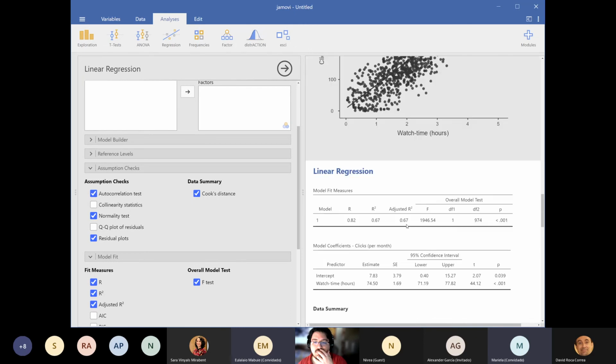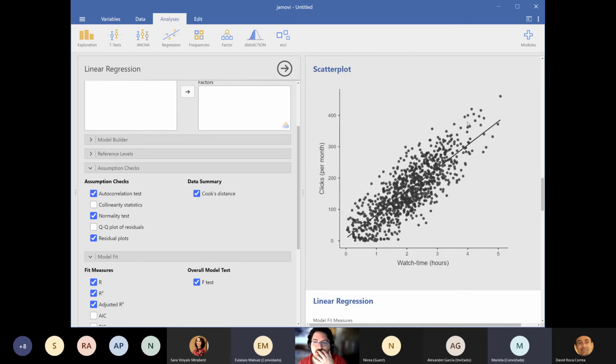You can imagine that if we had an absolute outlier in a month where the watch time was 3 but the clicks were 1,000, and we had a point over here at the top of the chart, that would definitely be something to look into, probably something to get rid of, and something that would have a huge leverage on our straight line.